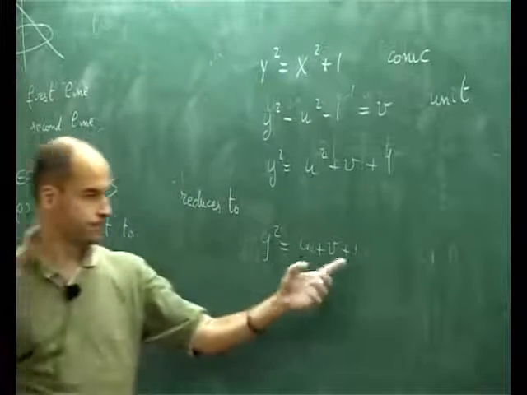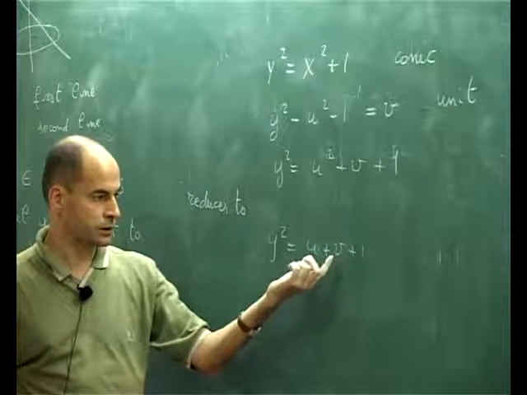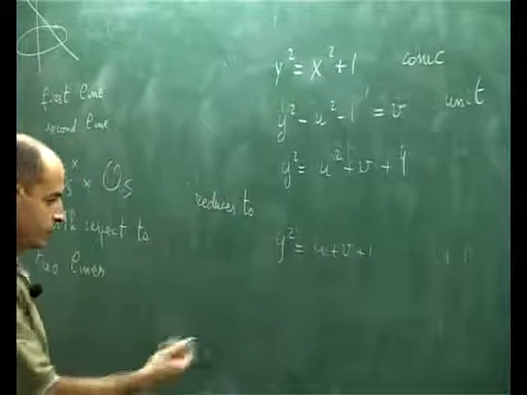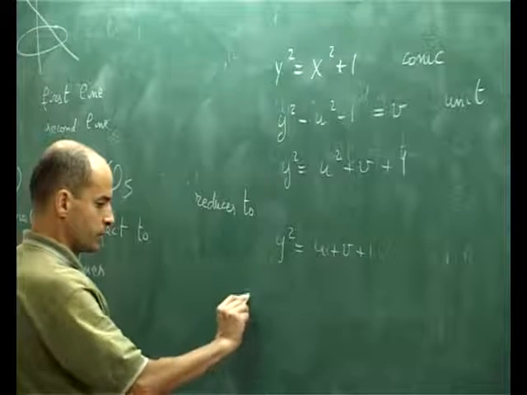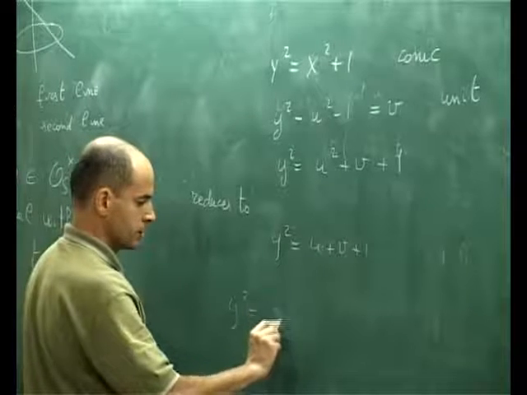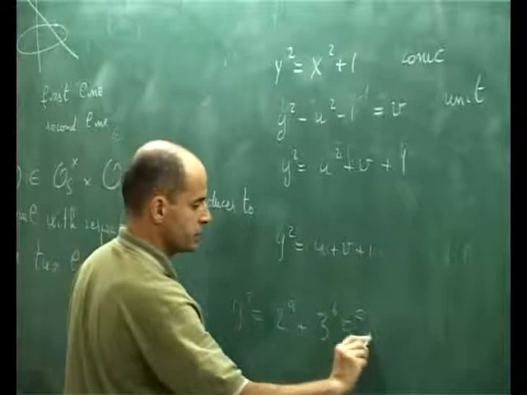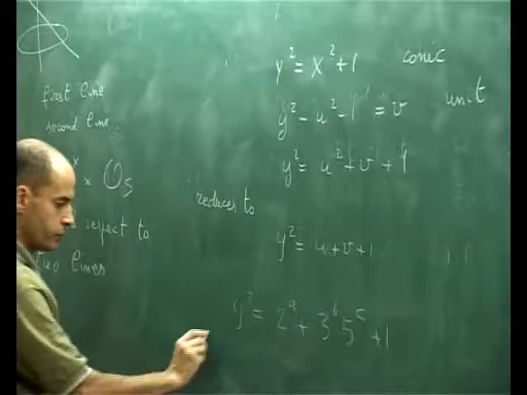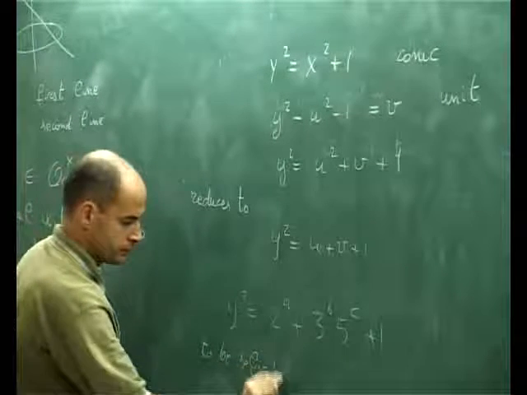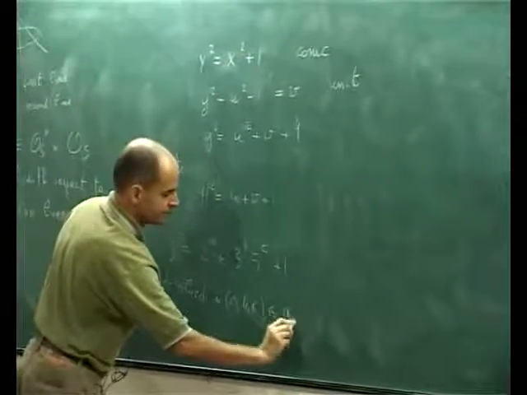So the problem is finding two units such that the sum plus 1 is a perfect square. For instance, you obtain an equation of the form y squared equals 2 to the a plus 3 to the b, 5 to the c plus 4, for instance, to be solved in a, b, c natural numbers.